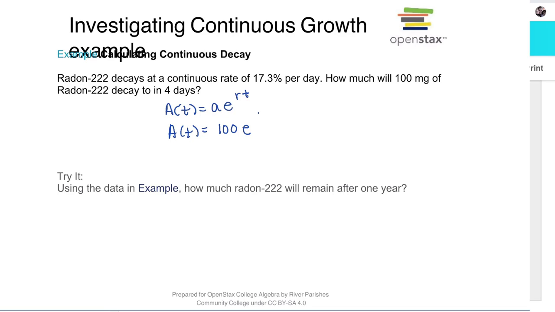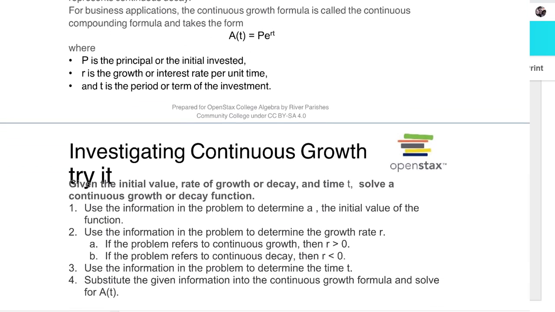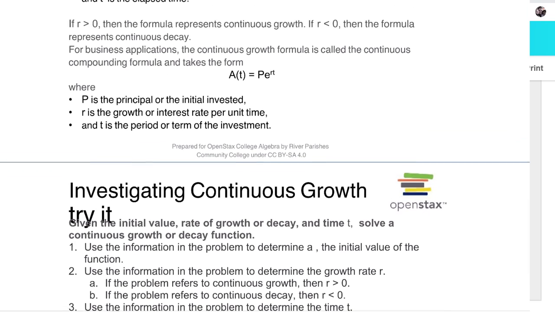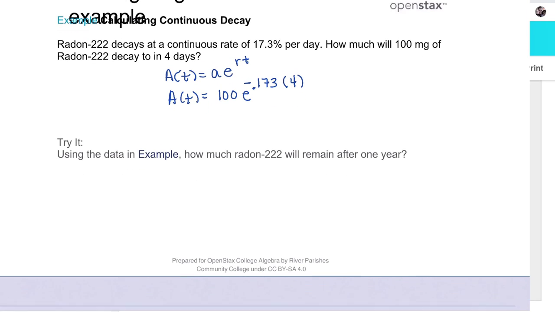The rate that it's decaying is 17.3%, which would be 0.173 as a decimal, but it's decaying, so it's going to be negative. We are doing this in 4 days. Just want to go back and show you that t is the elapsed time, and we're measuring time in days in this case.